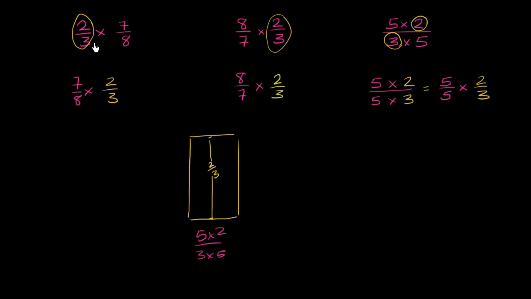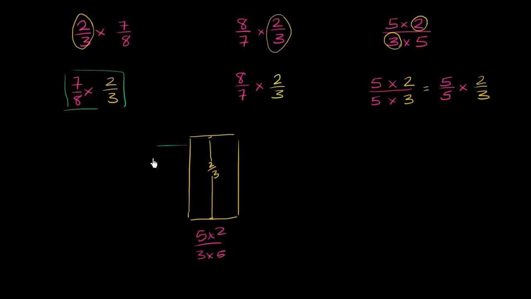Now let's think about what these would look like. So this is 7/8 times 2 thirds. So it's less than 8/8 times 2/3. It's less than 1 times 2/3. So we're going to scale 2/3 down. This is going to be less than 2/3. It's going to be 7/8 of 2/3. So this one right over here would look something like this.